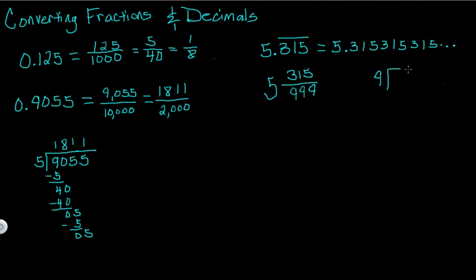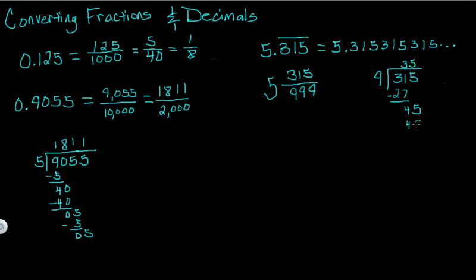So 9 going into 315. So 9 into 31 is going to be 3 times. All right, so 9 times 3 is 27. And 31 minus 27 is 4. And then 9 into 45, that's going to be 5.